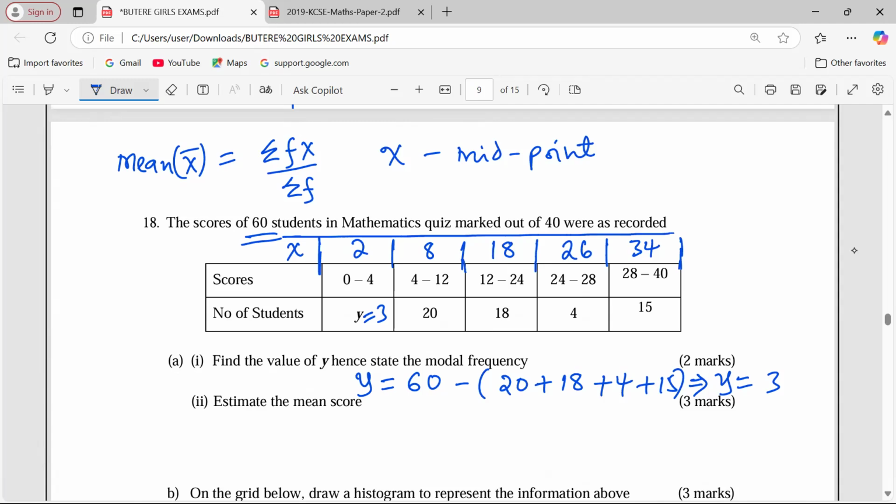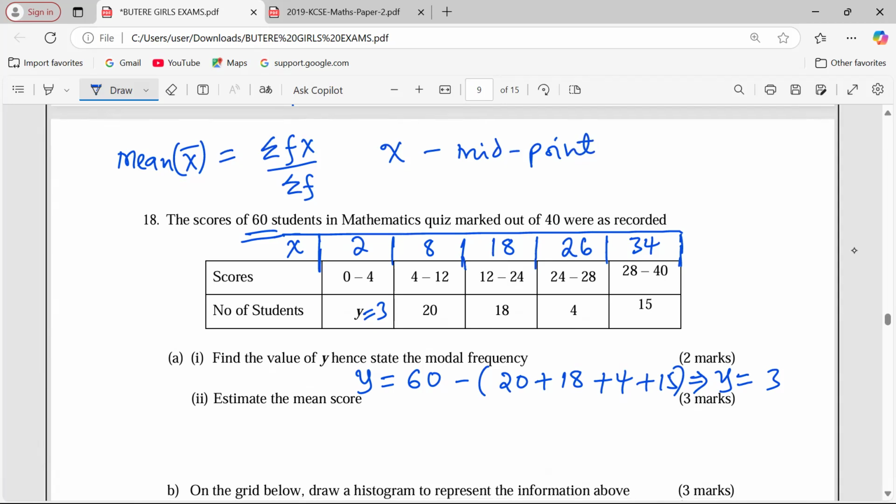Now that we already have the values of f, the frequency, we can get fx, whereby we multiply each frequency and the midpoint. So 2 by 3 gives us 6. Then 8 by 20, 160.